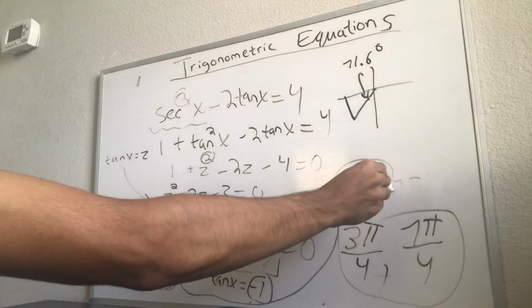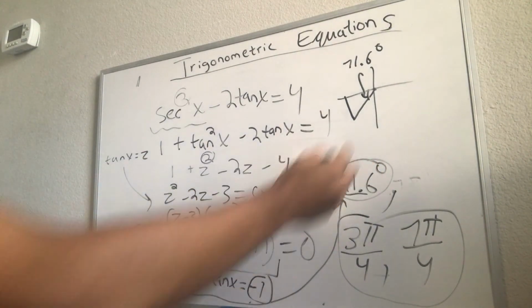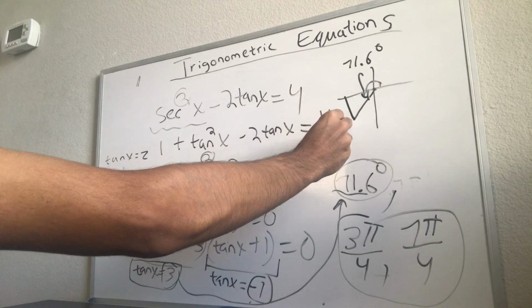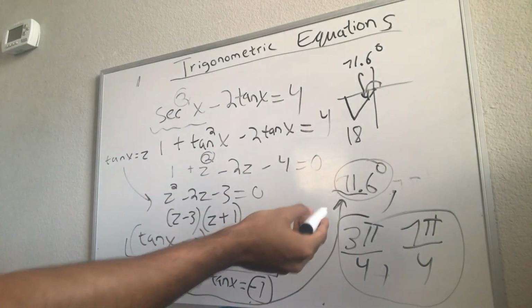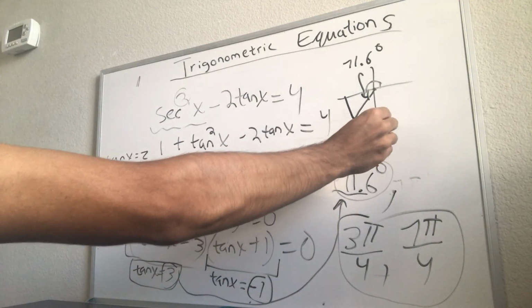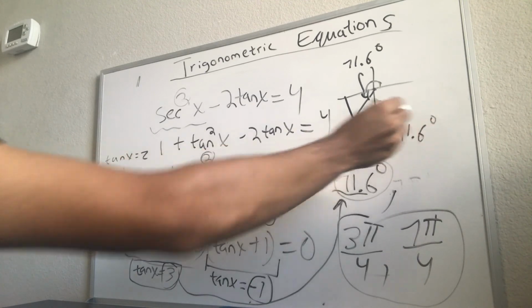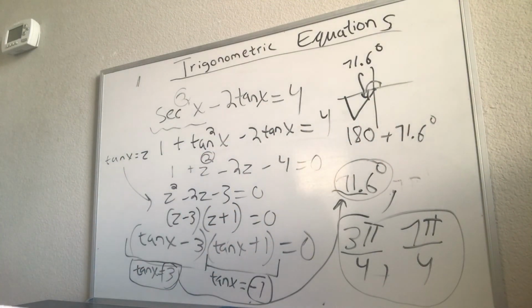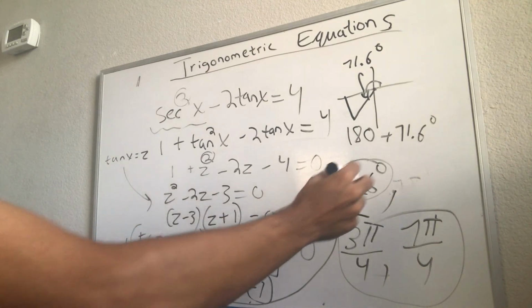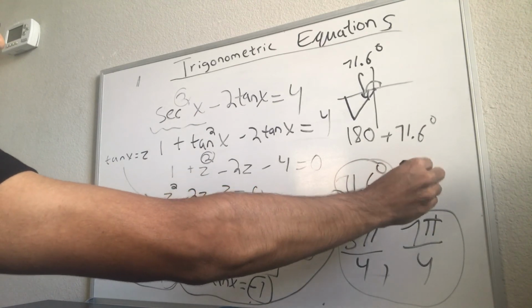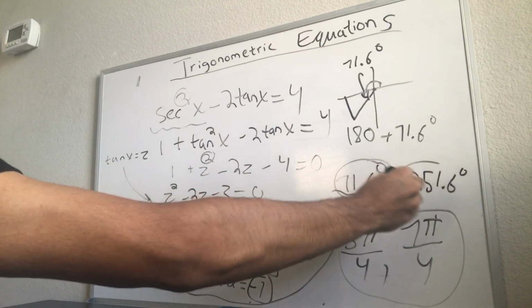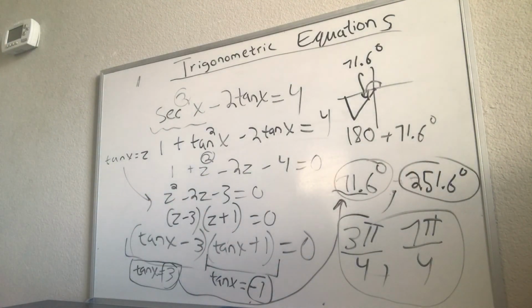Therefore, there's another value here. You would get the idea that this is 180 degrees, so our fourth possible answer is 180 plus 71.6 degrees. If you put this in the calculator, you should get 251.6 degrees as your fourth possible solution. So I actually missed out one, so you will see that there are 4 answers to this problem. So thanks for watching.